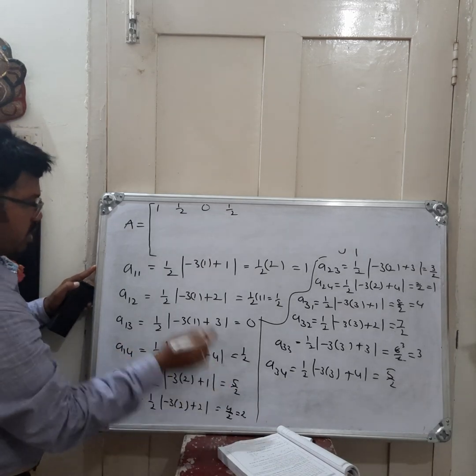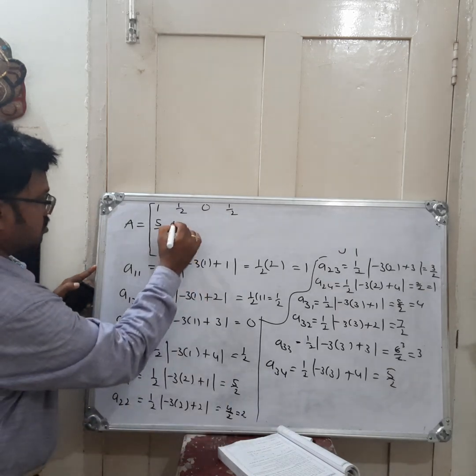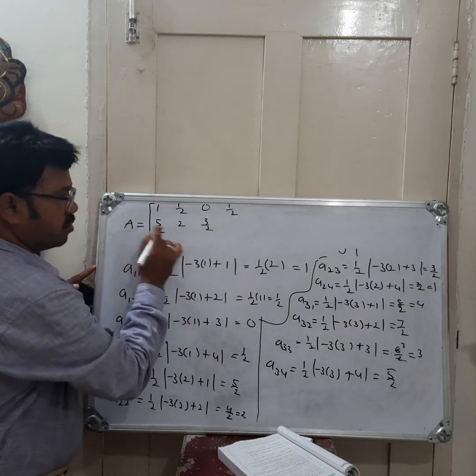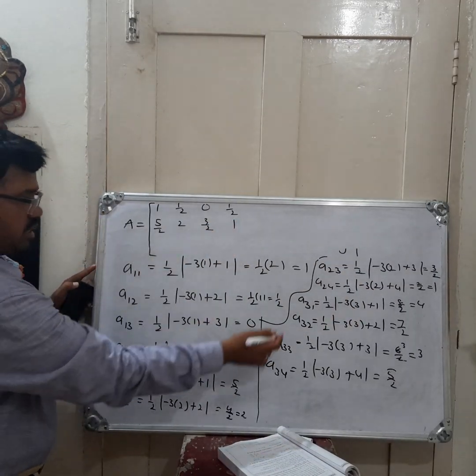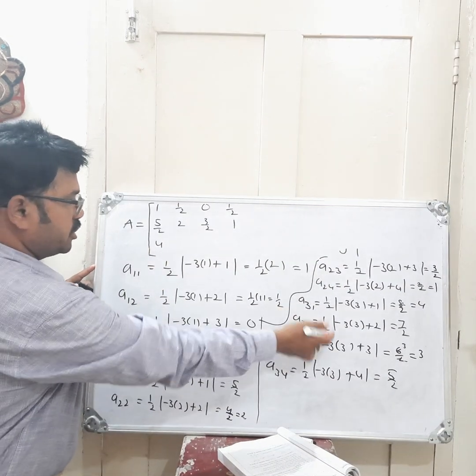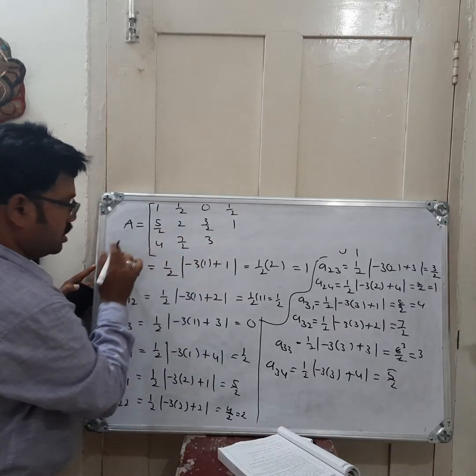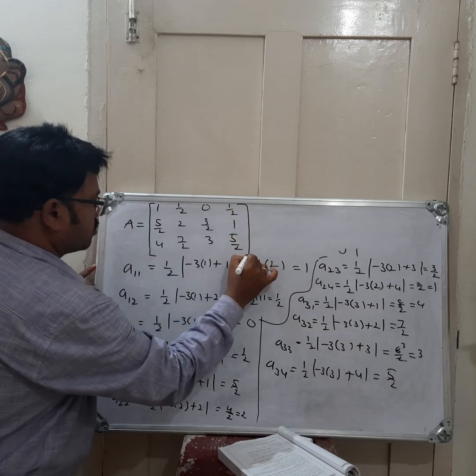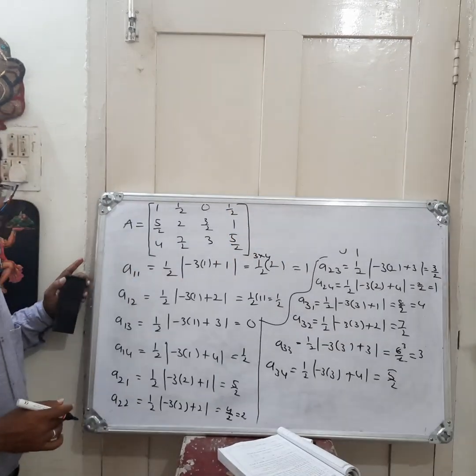Next A21 is 5 by 2, A22 is 2, A23 is 3 by 2, A24 is 1. Next A31 is 4, A32 is 7 by 2, A33 is 3, A34 is 5 by 2. This is the required 3 by 4 matrix using the relation.